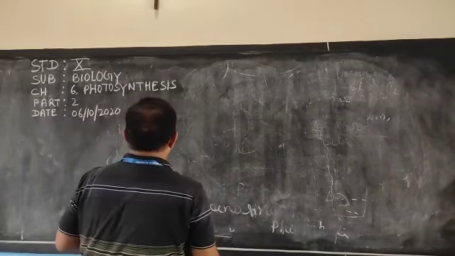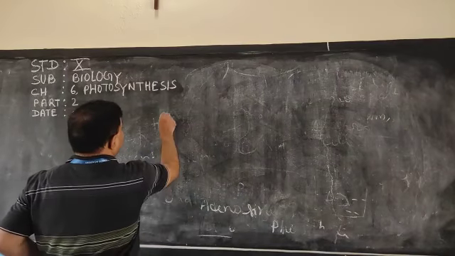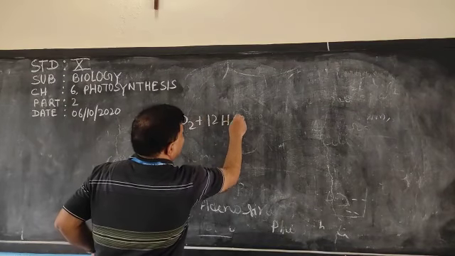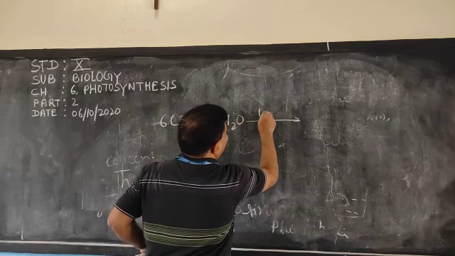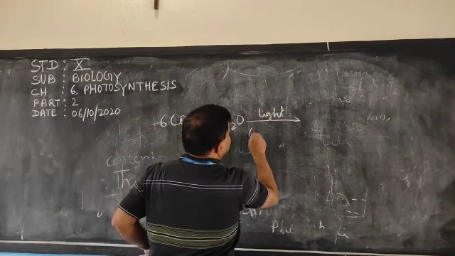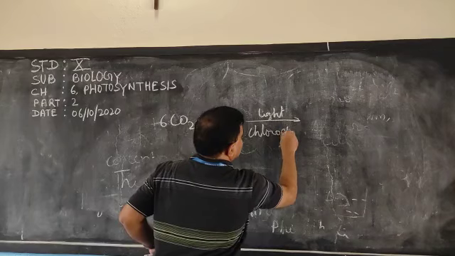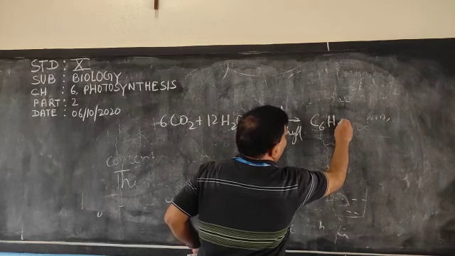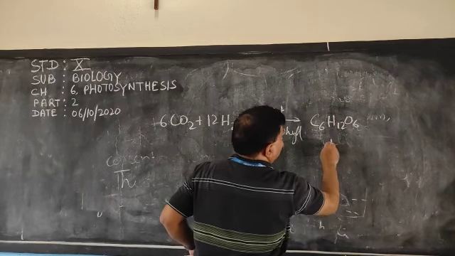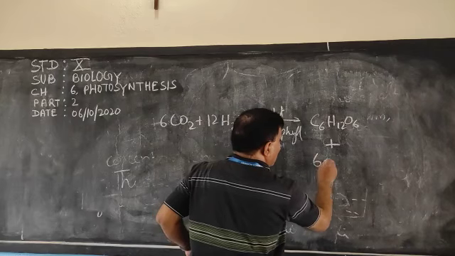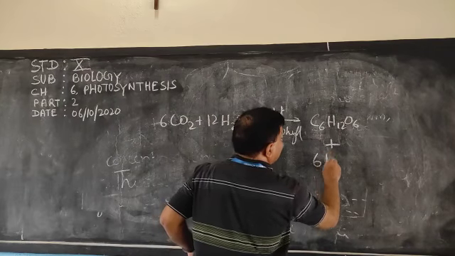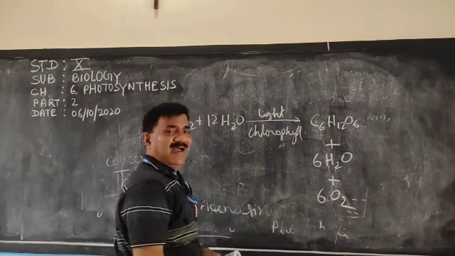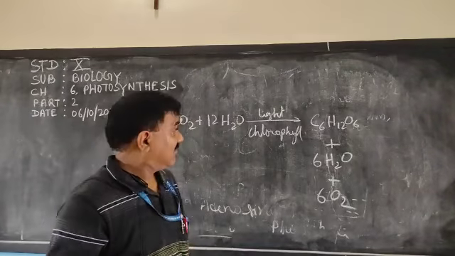Let us discuss the balanced chemical equation. 6CO2 plus 12H2O in the presence of light and chlorophyll, glucose is formed, C6H12O6. Oxygen is given out, 6H2O, water is given out, and 6O2. This is the balanced chemical equation.